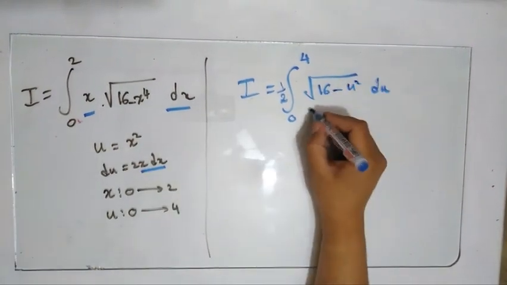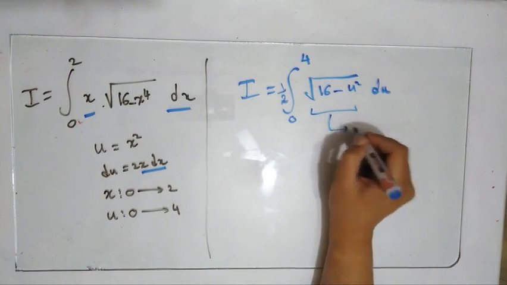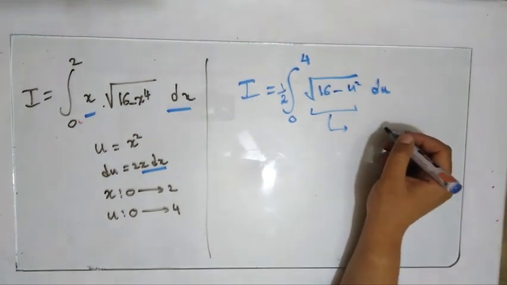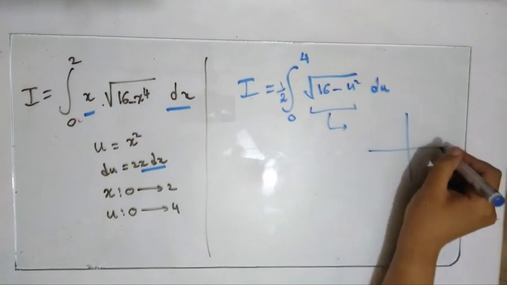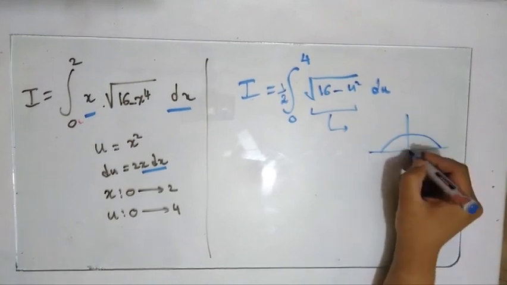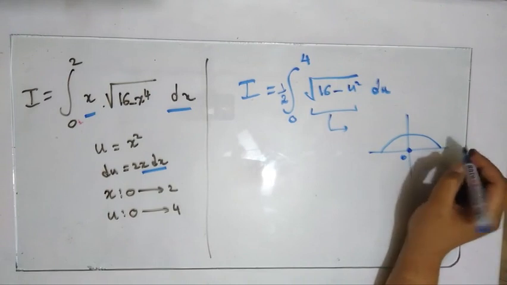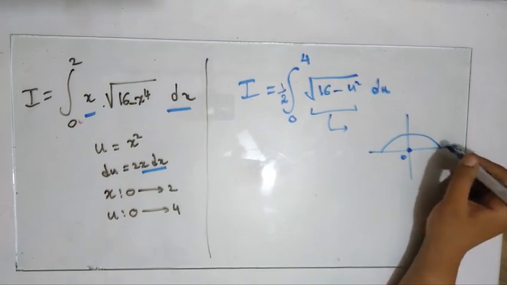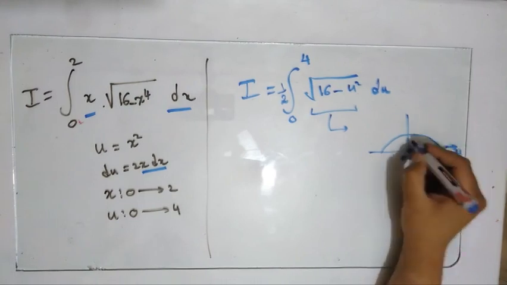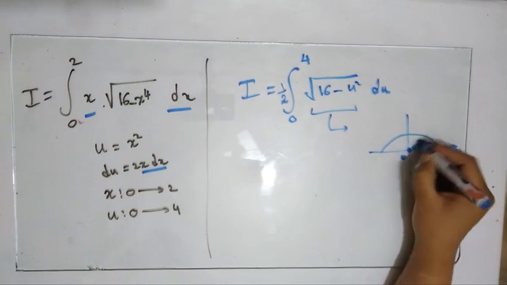So again, this is the equation of a semicircle. If I graph it, it will be something like that. It's centered at 0, and this is the x axis as the u-axis. From 0 to 4, I'm talking about this part of the circle.